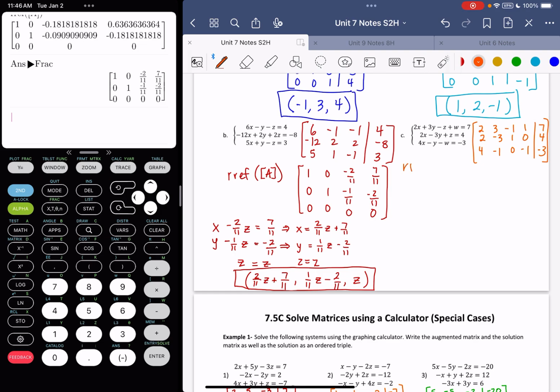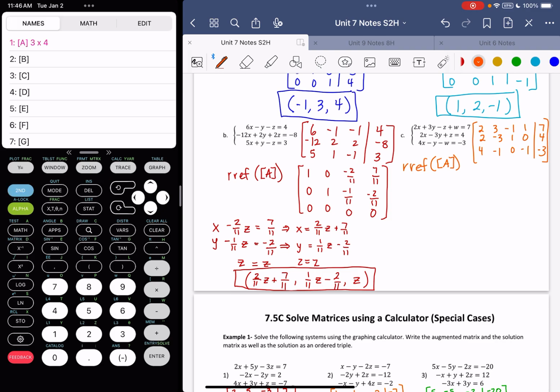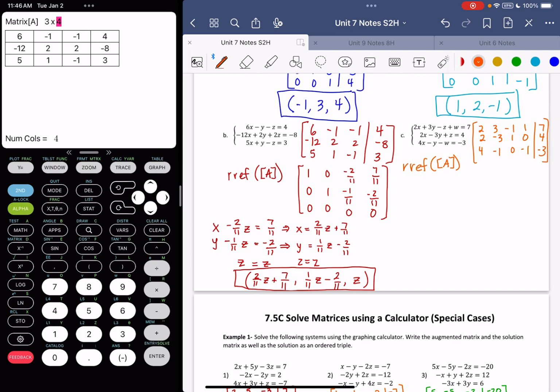And here we go. Let's get the RREF, or our reduced row echelon form. So go back to our matrix menu. We want to edit. And this time, it is a 3 by 5 matrix.